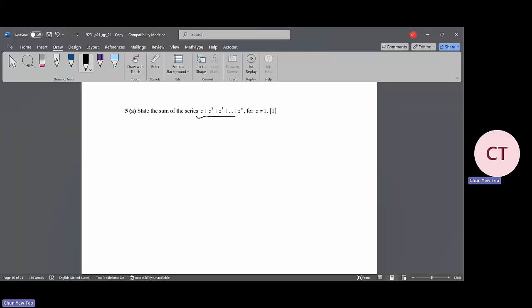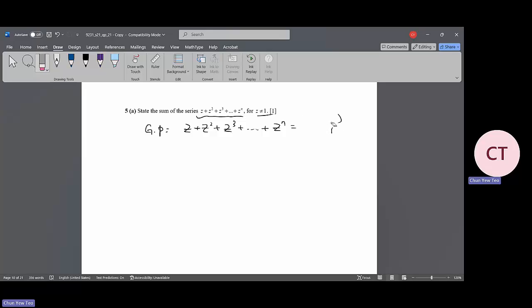Sum of the series of this for z not equal to 1. So over here, we know that this is a GP, geometric progression: z plus z squared plus z cubed plus until z to the power of n. The formula for the geometric sum of n terms in the GP is a times r to the power n minus 1 over r minus 1.